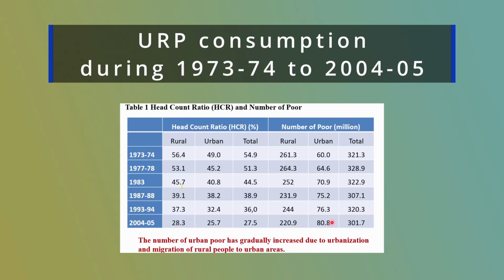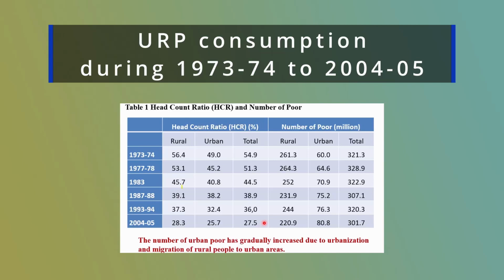And what is the reason behind the increase of the urban poor? Because the urban head count ratio was gradually decreasing during this period. Urban head count ratio decreased from 54.9% to 27.5%. The main reason is urbanization and the migration of the rural people to the urban areas.